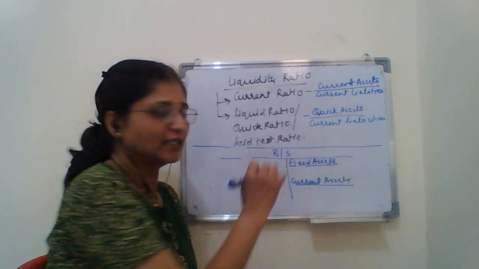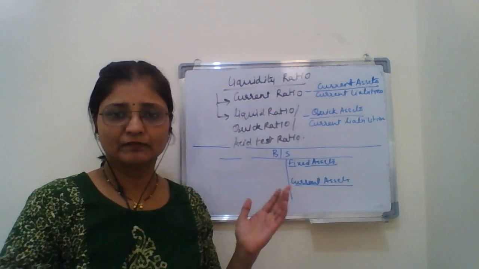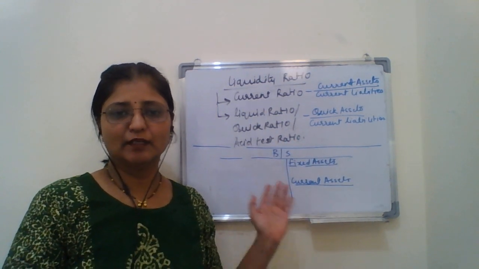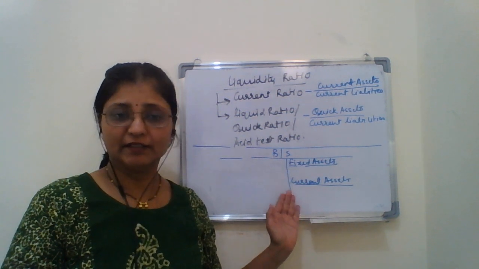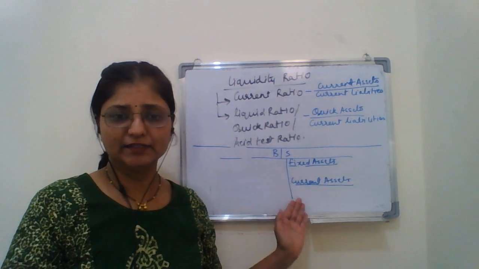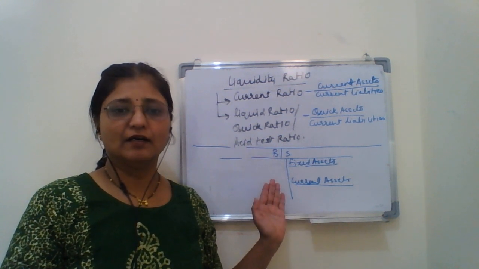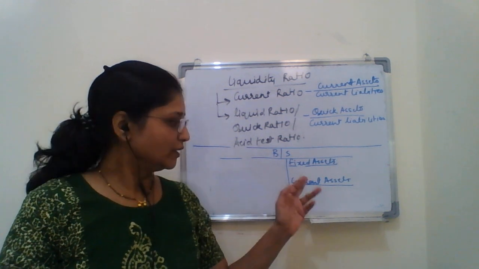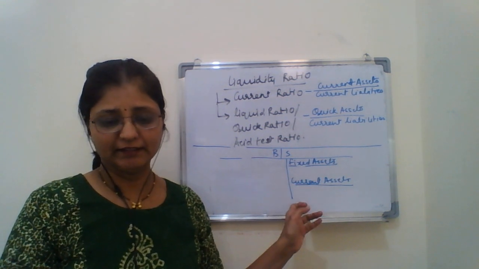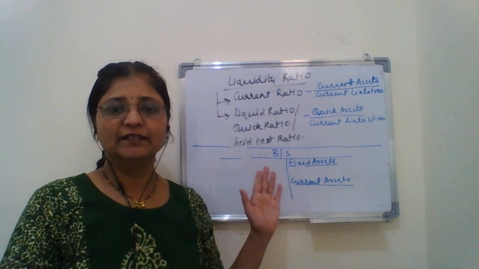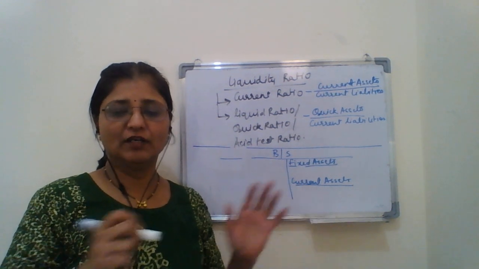Fixed assets are tangible assets like building and machinery. Current assets included sundry debtors, bills receivable, cash and cash equivalents, outstanding income. All the things below the heading current assets will be taken as current assets for our calculation.